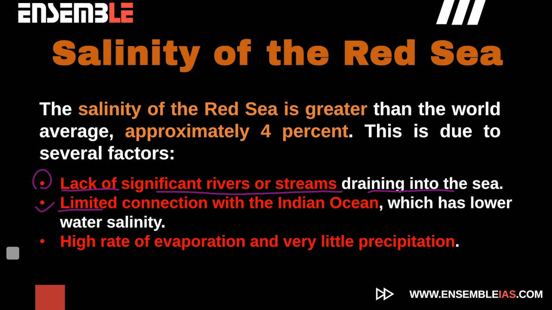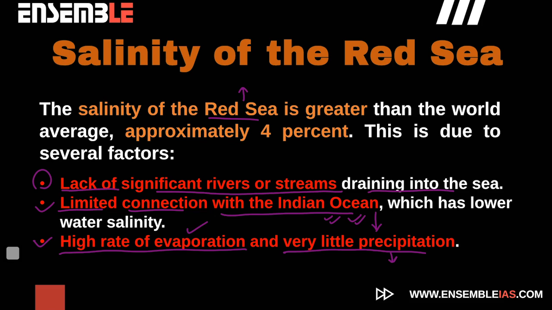The second factor is limited connection with the Indian Ocean. The Indian Ocean has low salinity, but since the connection between the Indian Ocean and the Red Sea is not very wide, the mixing of water through the Strait of Bab al-Mandeb and Gulf of Aden is limited. That is why the salinity in the Red Sea is high. The third factor is a high rate of evaporation and very little precipitation.